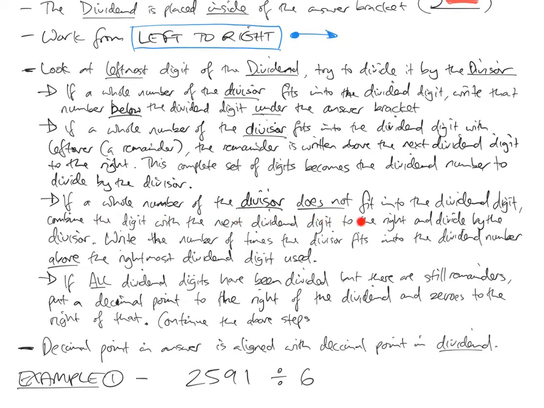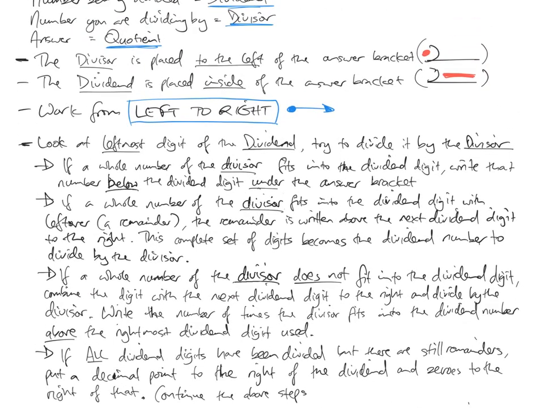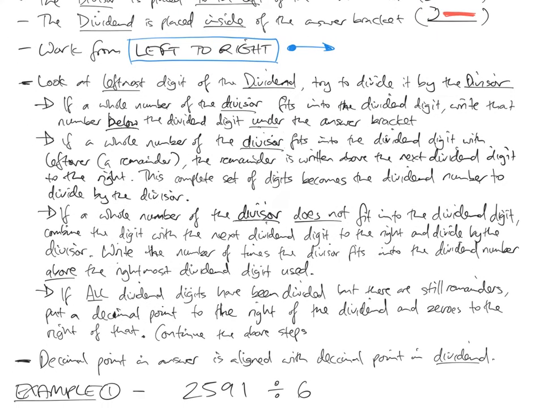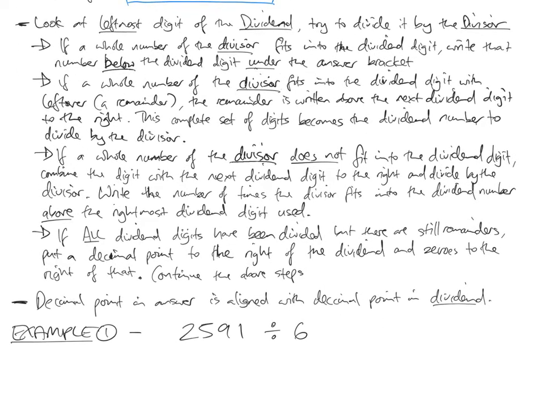If a whole number of the divisor does not fit into the dividend digit, so say the dividend digit you're looking at is 2, but you're trying to divide it by 3. So 3 is bigger. A whole number of the divisor isn't going to fit into it. What do? You combine the digit you're looking at with the next dividend digit on the right, and that's what you try to divide by. So it becomes a bigger number.